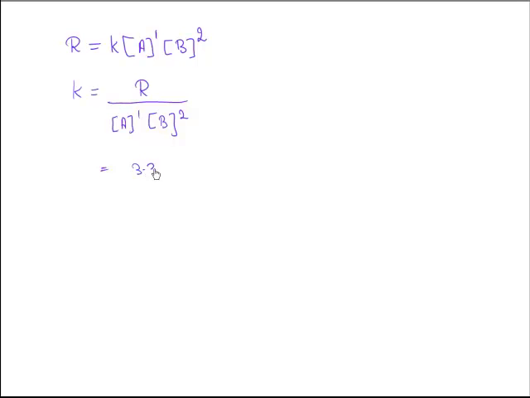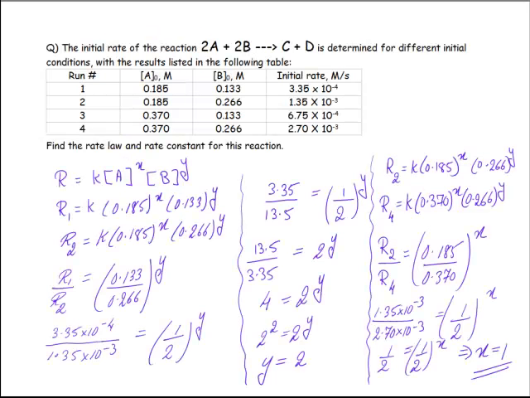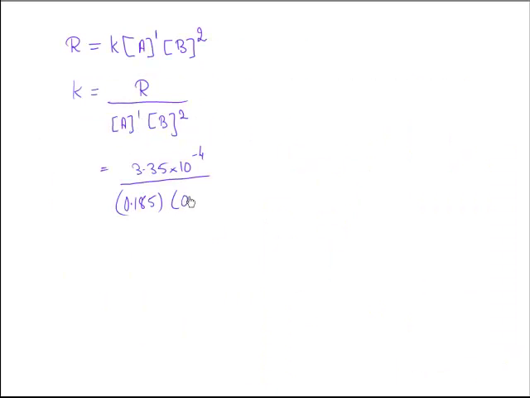So 3.35 into 10 to the power minus 4, and the concentration of A is 0.185 and concentration of B is 0.133, and hence rate constant will be 0.102 dm raised to 6 mole raised to minus 2 second inverse.